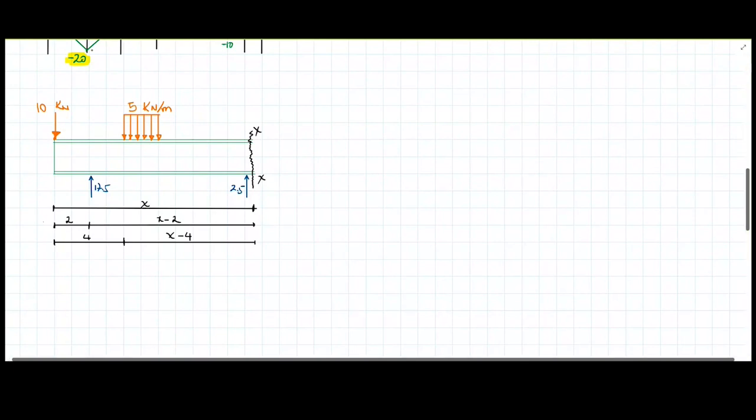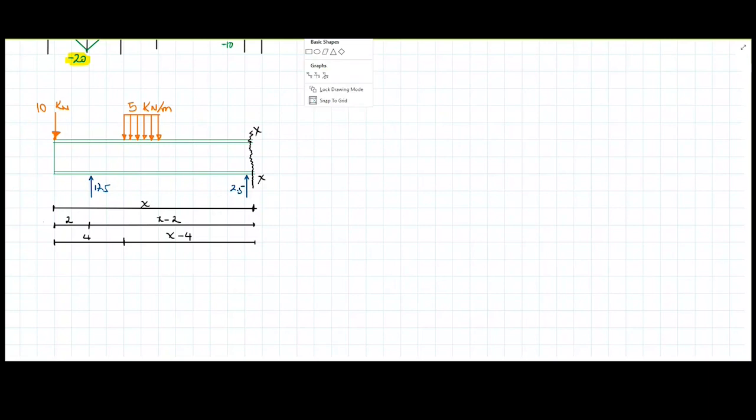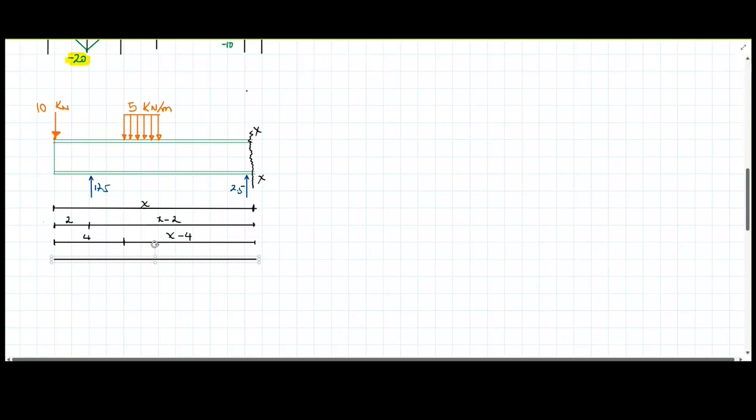Then I'm interested also in when the distributed force ends, but not because of the distributed force, because of something that is the trick of this whole problem. Let me draw another horizontal line here. From this point to this point, this is going to be 6, and this is going to be X minus 6.